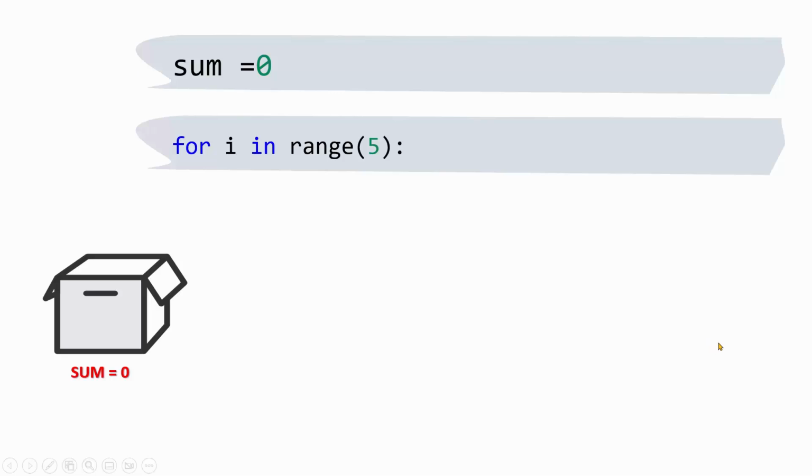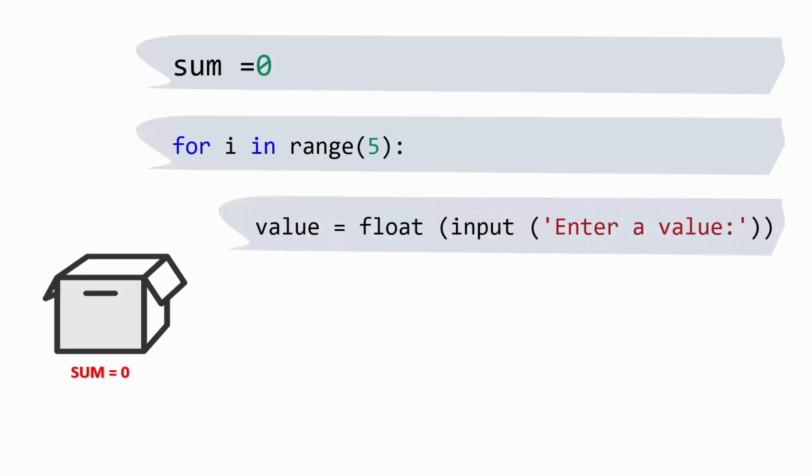Now inside the loop, we will use a temporary variable or some kind of a bucket to take the value from the user and add it to sum. Inside the loop, I would say value is equal to float input.